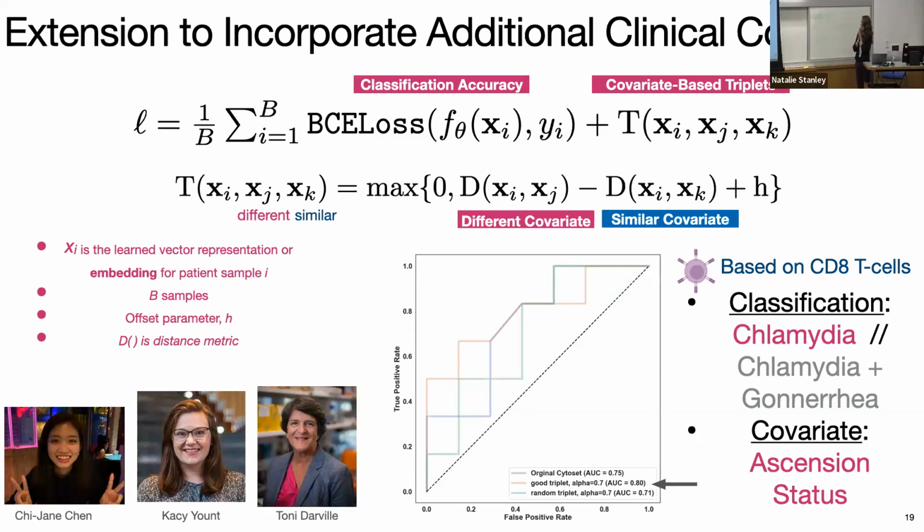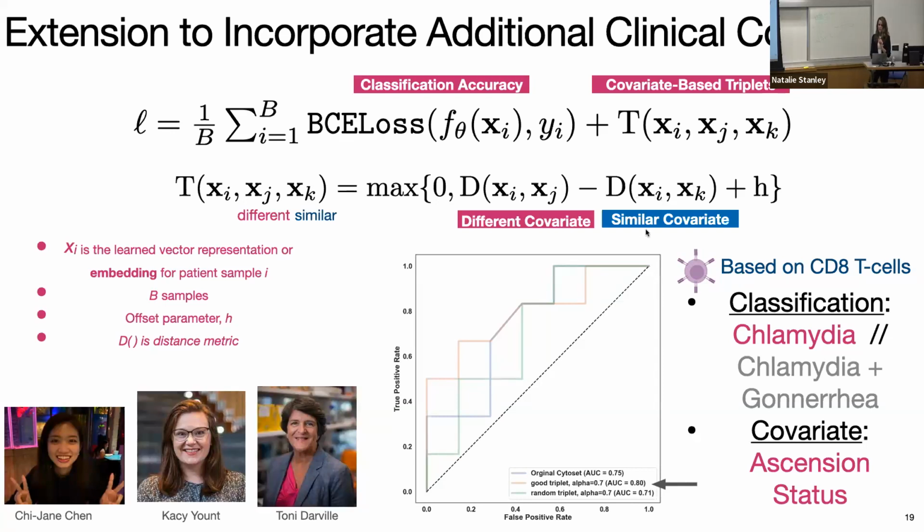And so what we did is we came up with a way to add a term to our loss function. So basically to modify our loss function a little bit in a way that takes into account this information. So what we do here is if we have a target patient of interest I, we get two different pairs. So we get a patient J, which is different in terms of the covariates. Again, covariates are just extra information about the patient.